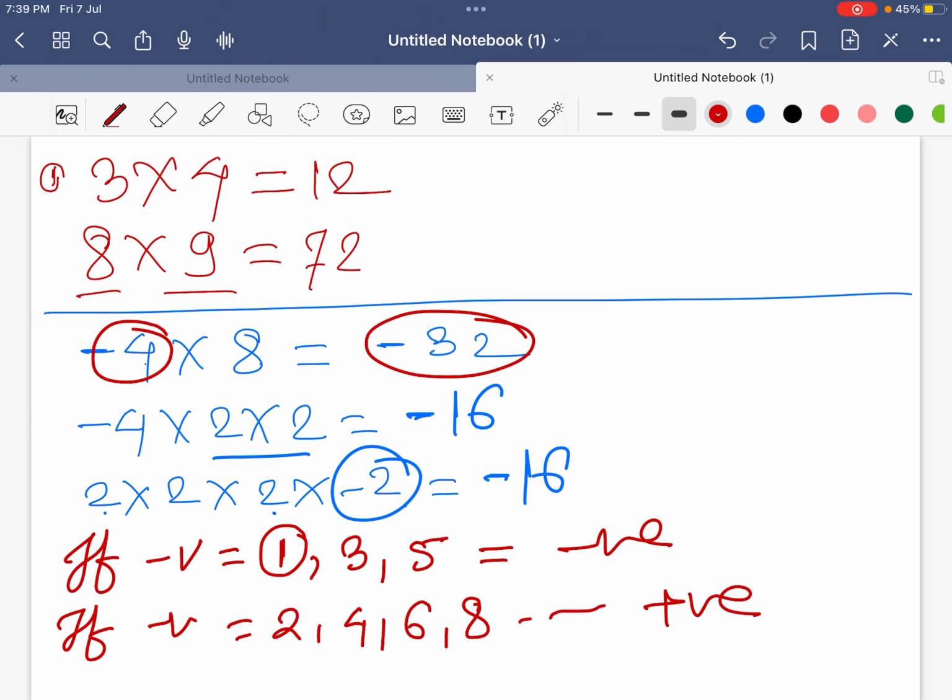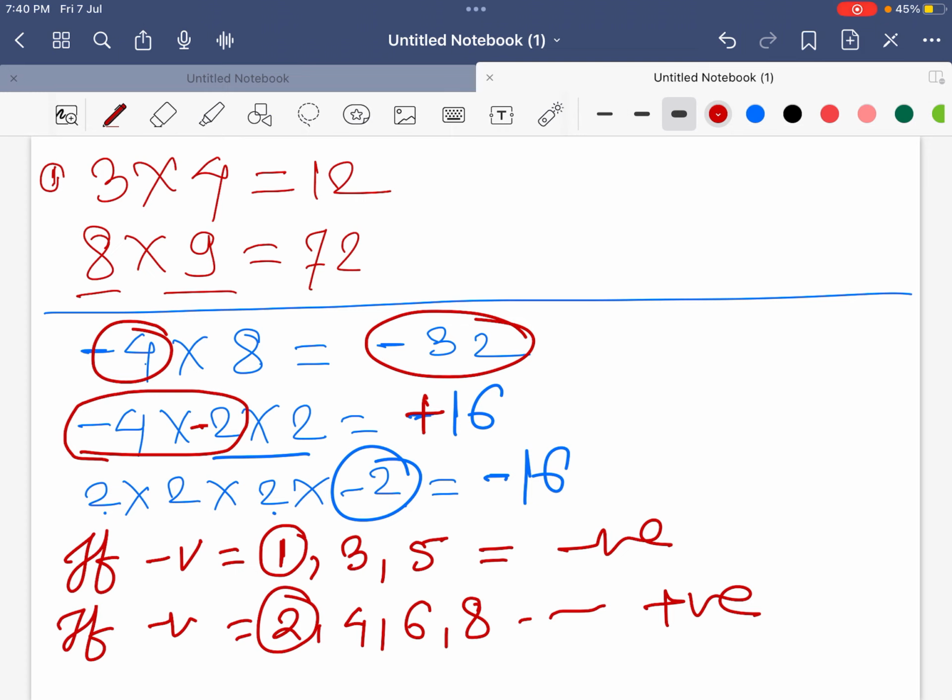Now look into that. Suppose you want to apply the second condition, suppose this is 2 into -4 into -2 into 2. So look here, the number of negative signs is two, so negative into negative, that we know the answer is positive, so your answer is +16 for this case.